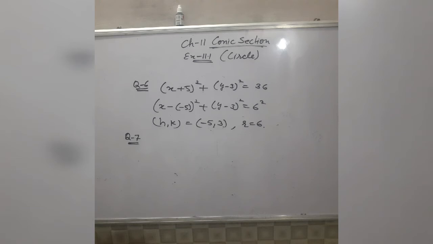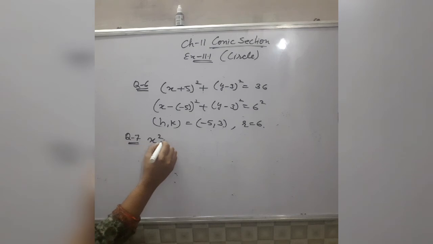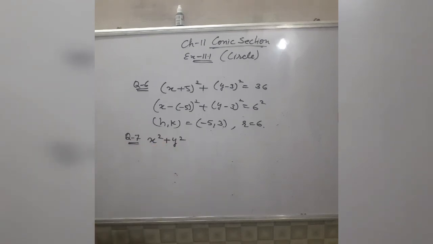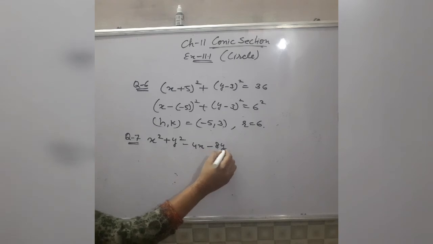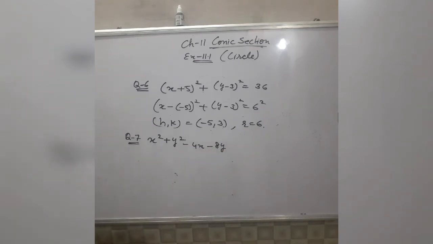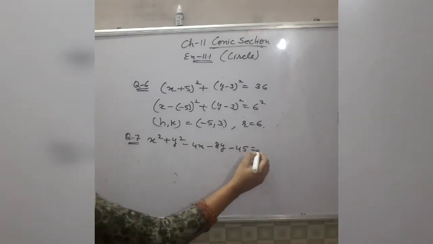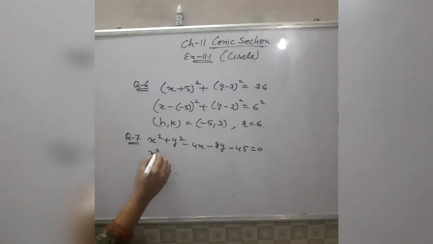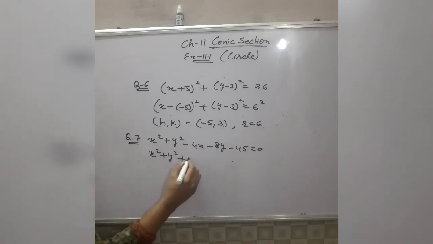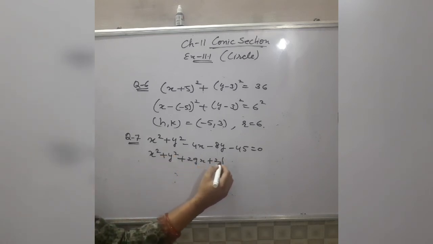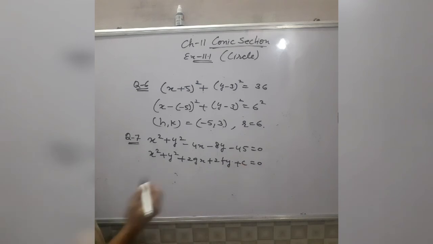Now see questions 7 and 9. Question number 8 you will try yourself. In question 7, the equation of the circle is x square plus y square minus 4x minus 8y minus 45 equals 0. So this equation is to be compared with the form x square plus y square plus 2gx plus 2fy plus c equals 0.